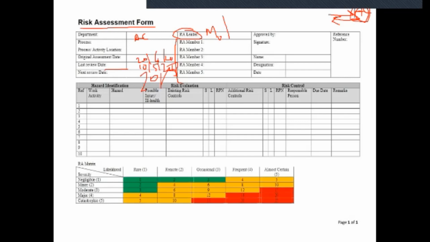The RA members' names are also mentioned here. The form allows for 5, but we can increase it, no problem.